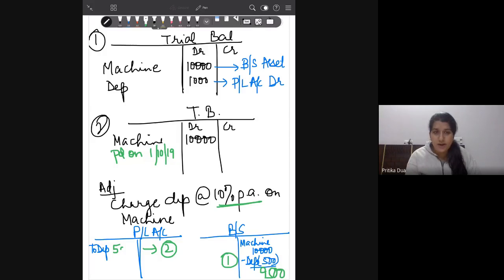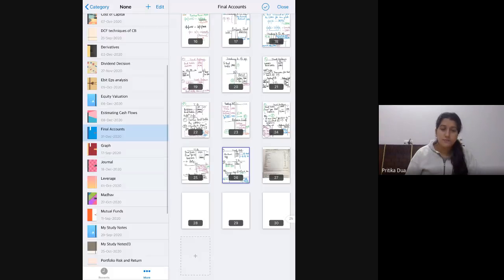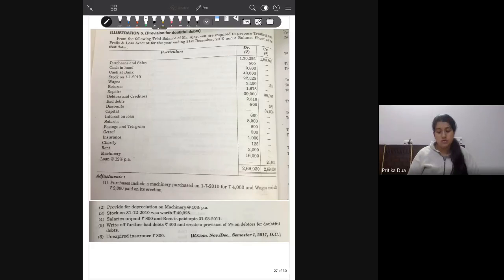Let's move to one question, full-fledged question on final accounts with these adjustments. So that will help us revise the concepts covered also. So first, please have a look on your screens. The question is there with the adjustments.